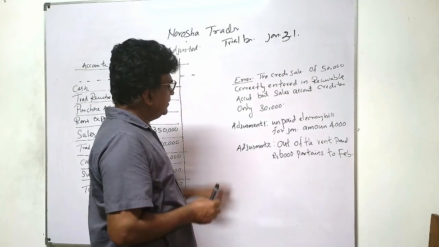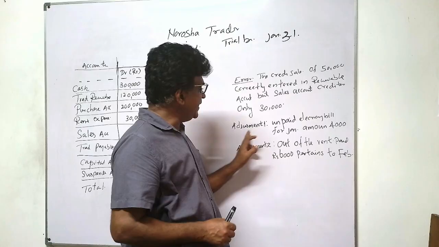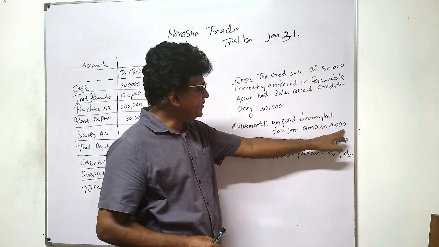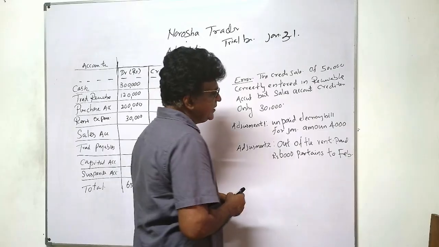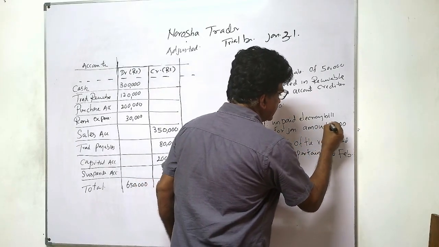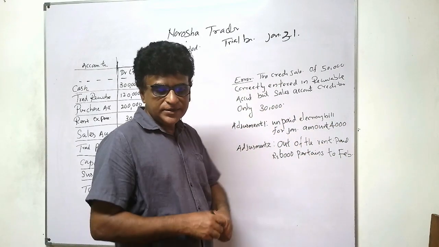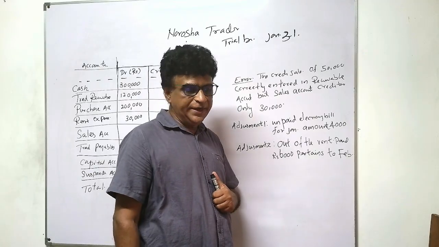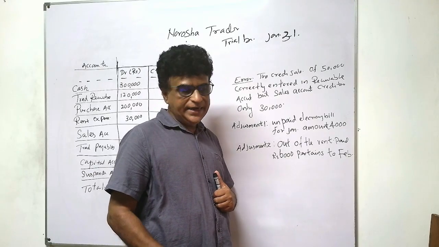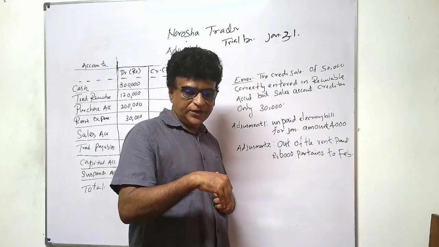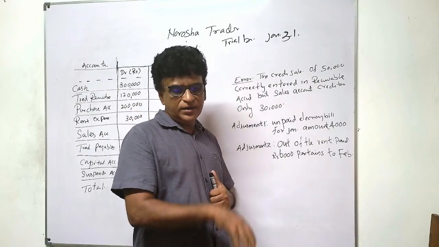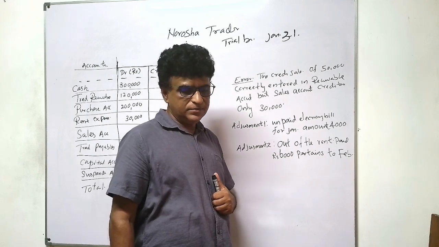Right. There are two adjustments. One is the unpaid electricity bill for January, amount 4,000. This is a type of accrued expense. Accrued expense means certain utility bills we receive after the accounting period. For January 1st to January 31st, the electricity bill or water bill we receive in February.